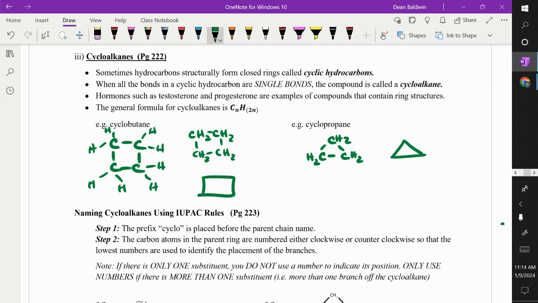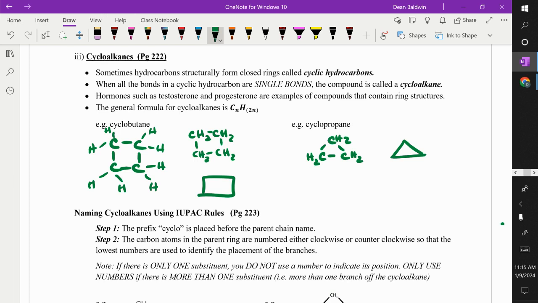For lack of a better term. I don't know exactly what would happen, but there would be an energy release, not enough to probably blow you up. It would just make them unhappy. Okay? So they don't use cyclopropane.